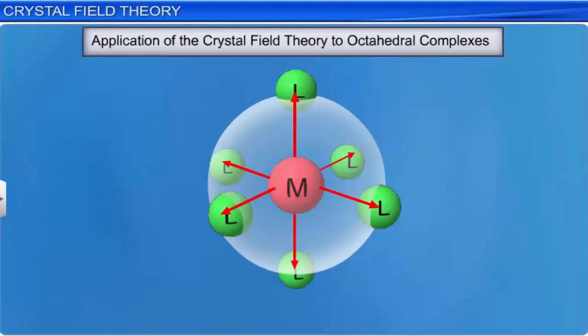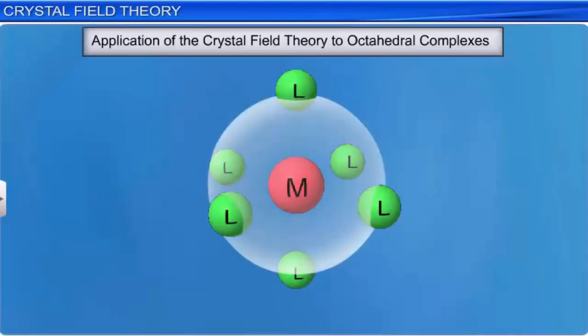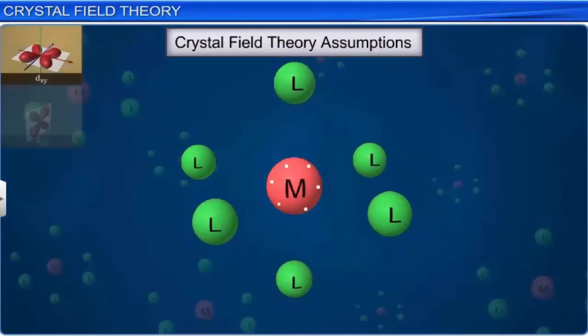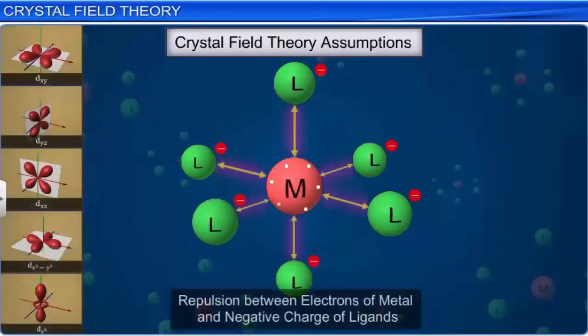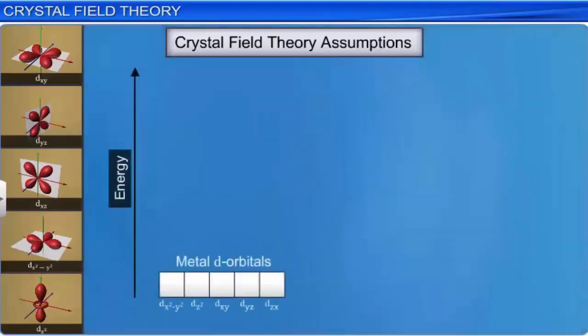Because of these two oppositely charged fields, the energies of all the 5 d orbitals increase due to the repulsion between the electrons of the metal and the ligands.